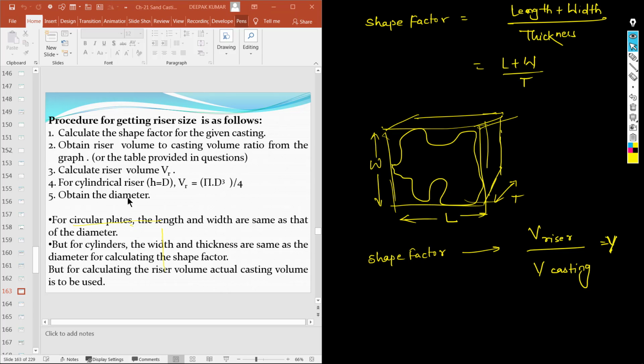Now some points: for circular plates the length and width are the same as the diameter.